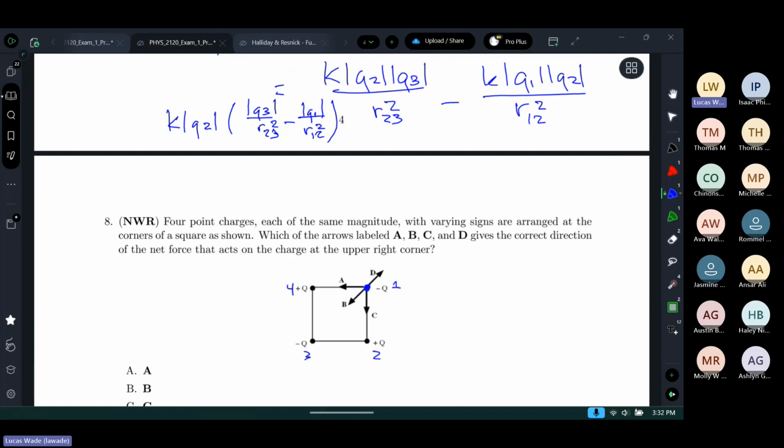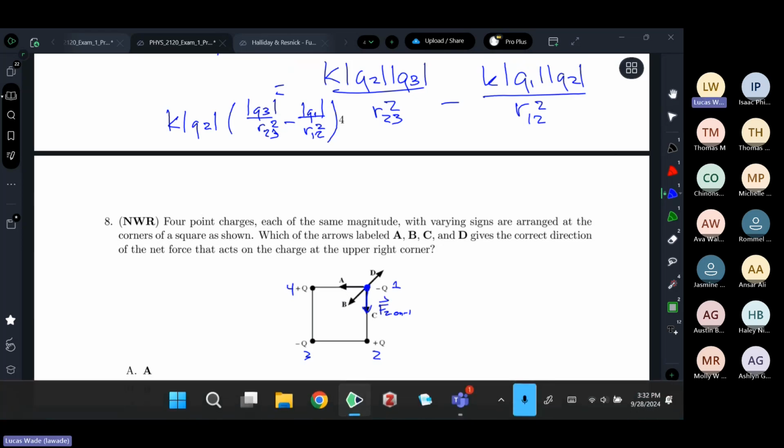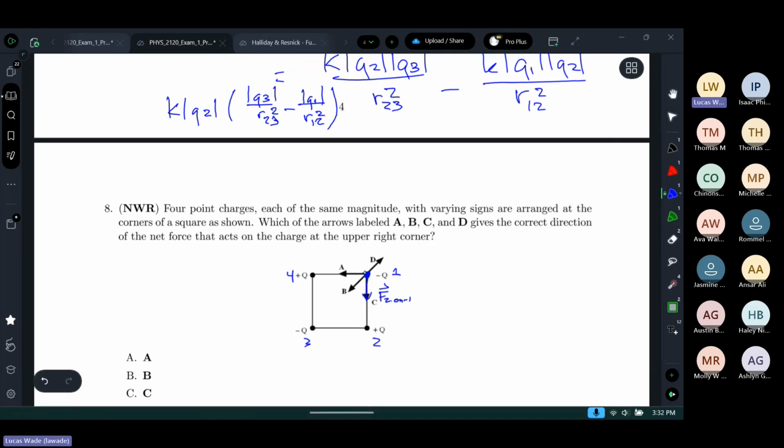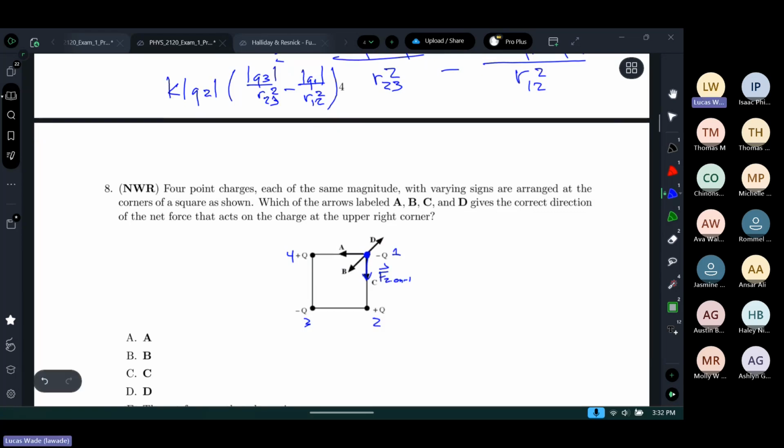Okay, so let's see. Charge 2 is positive, so it would attract charge 1. Charge 3 is negative, so it would repel charge 1, but it is further away than charge 2 is because the diagonal, this distance, is longer than the side of a square because of the Pythagorean theorem or triangle inequality.